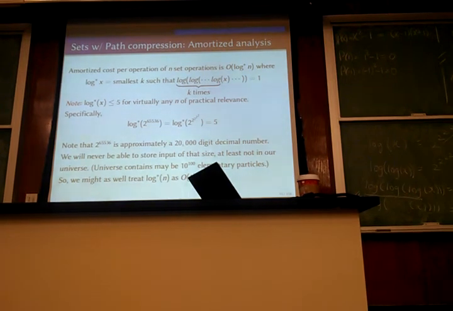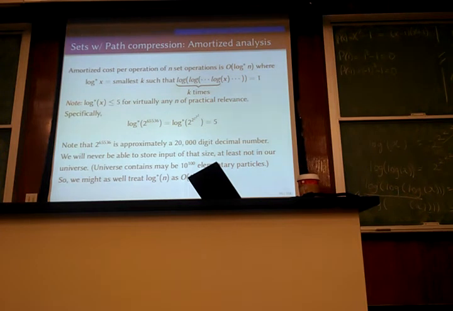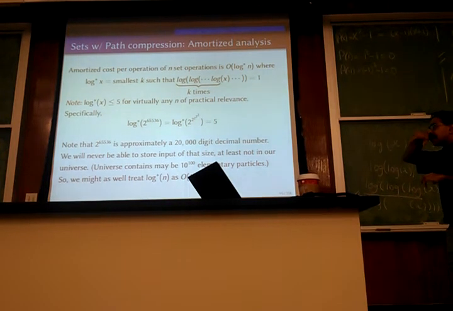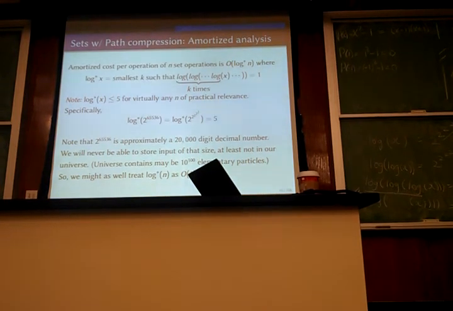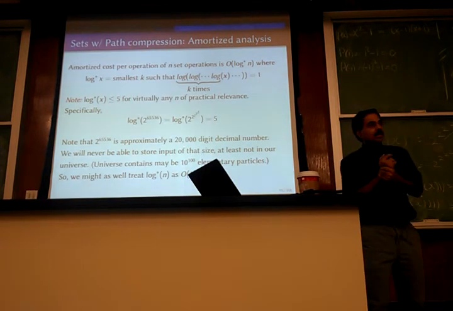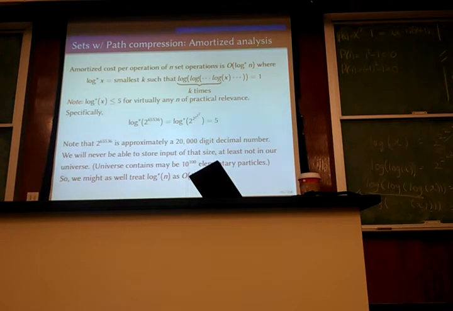So if the number of elementary particles in the universe is only 10 to the power 100, well, 2 to the power 65536 is something like 10 to the power 20,000. So obviously, this is beyond anything that can ever be processed by anything in the universe as we know.